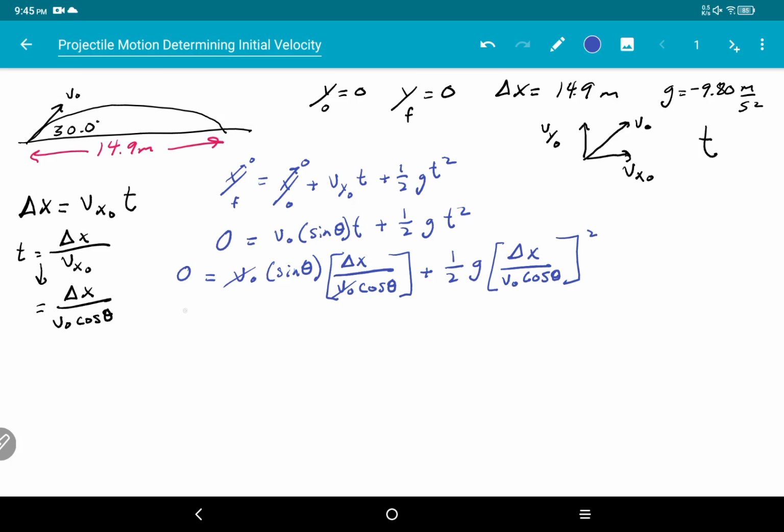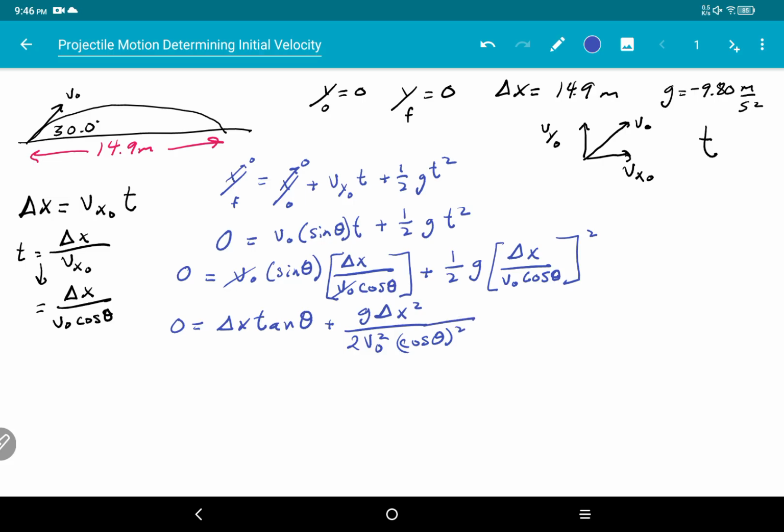Let's fix this up a little bit. We're going to have delta x tan theta, sine over cosine, tan theta, plus g delta x squared over 2 V naught squared cosine theta, and this is all getting squared. I'm going to put it in parentheses.